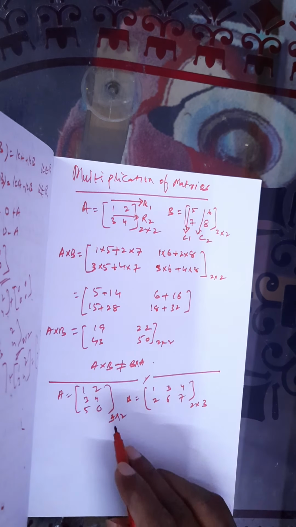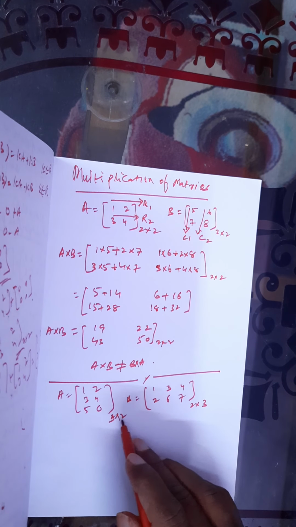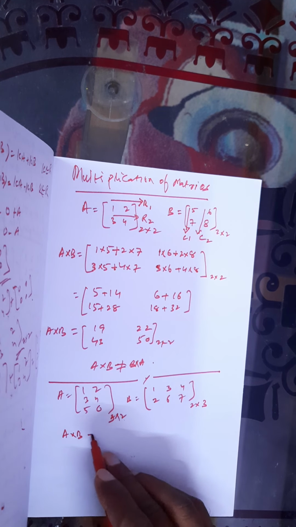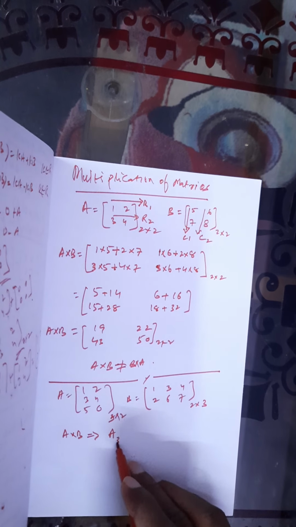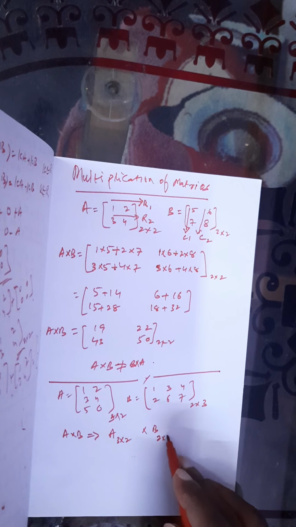So, here you have to observe that these are not square matrices, but there is a condition. The column of the first matrix, when you are multiplying A to B, means what? You have to write the order of each; B's order is 2 by 3.